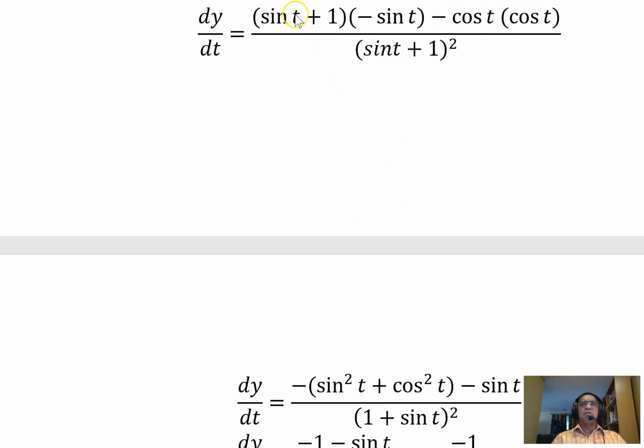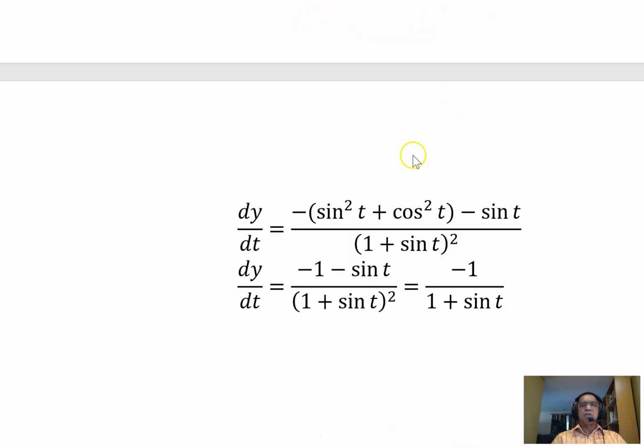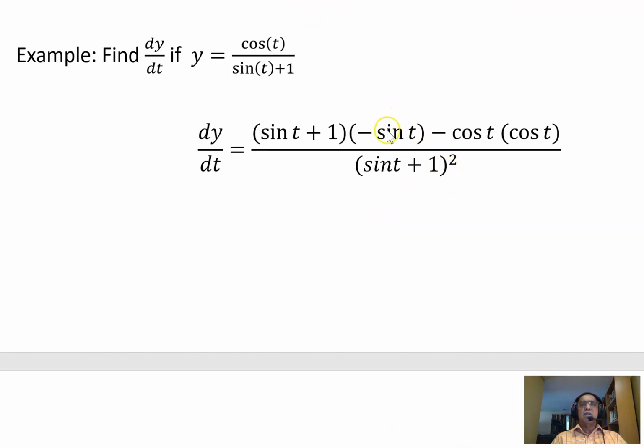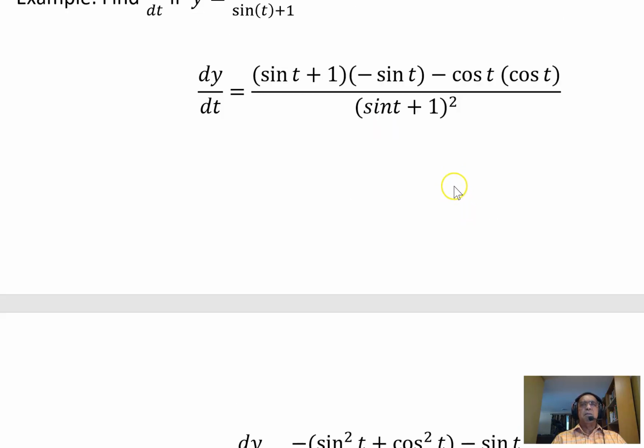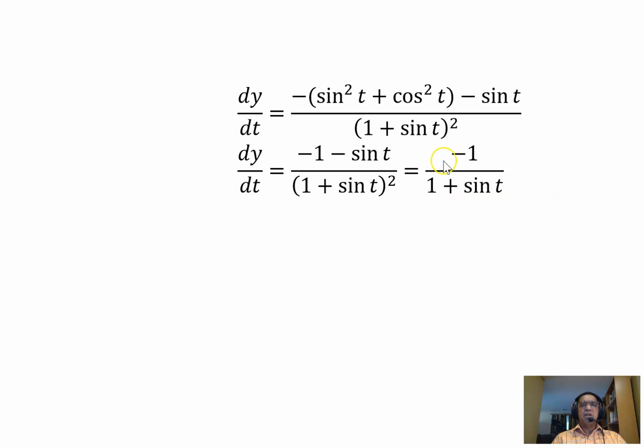If you take the negative out, you get sine squared t plus cosine squared t, and then negative sine t, all divided by 1 plus sine t squared. By the first Pythagorean identity, sine squared t plus cosine squared t is 1, so we get negative 1 minus sine t, divided by 1 plus sine t squared.